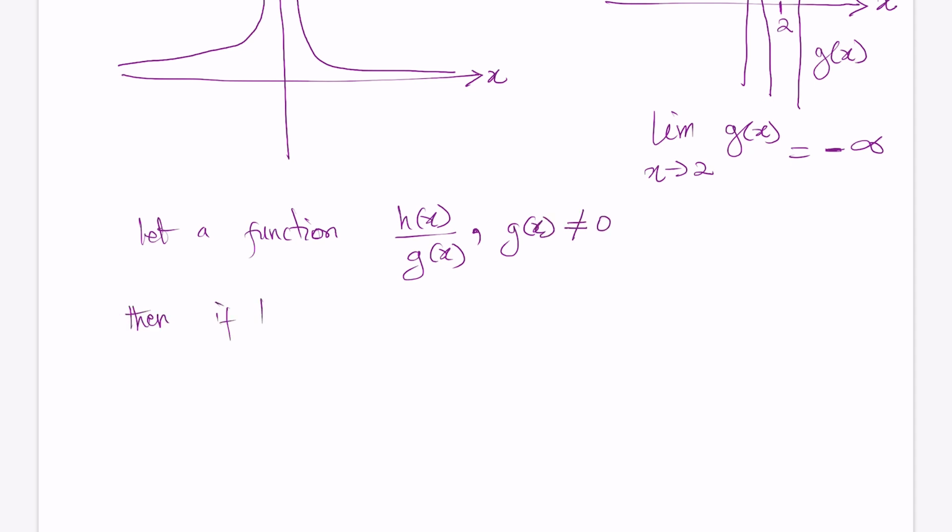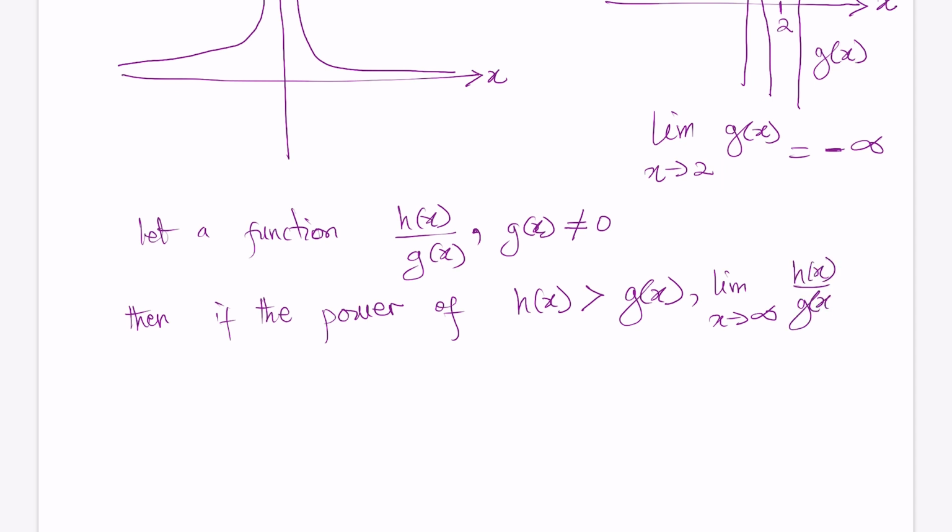Then, if the power of h of x is greater than that of g of x, then the limit as x approaches infinity of h of x divided by g of x will be equal to infinity. So this is 1.